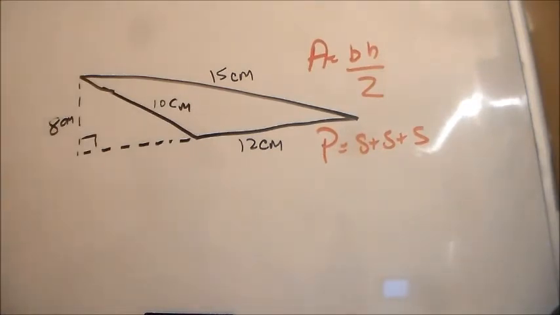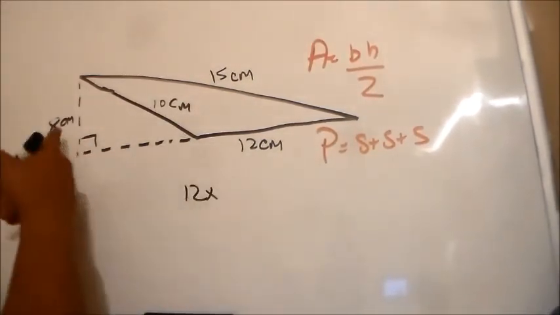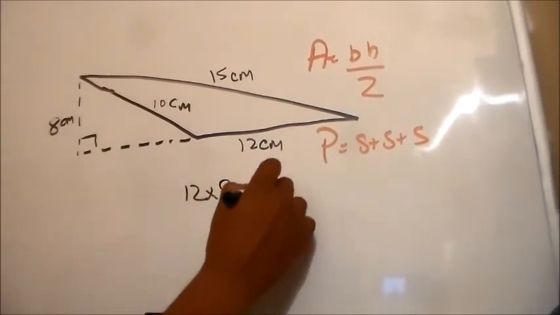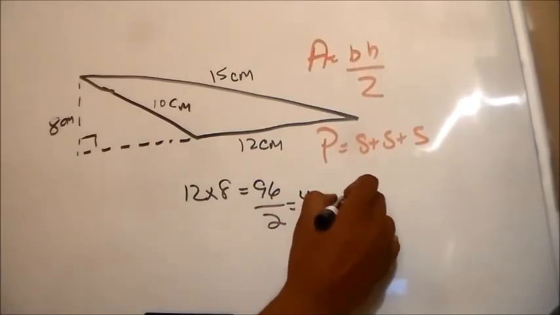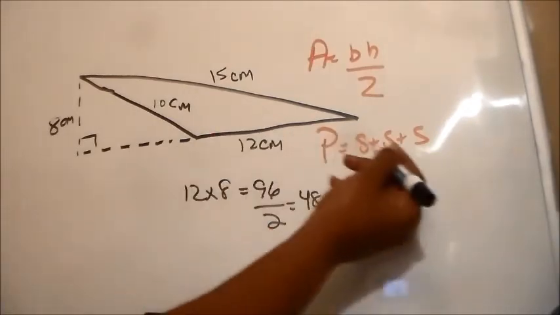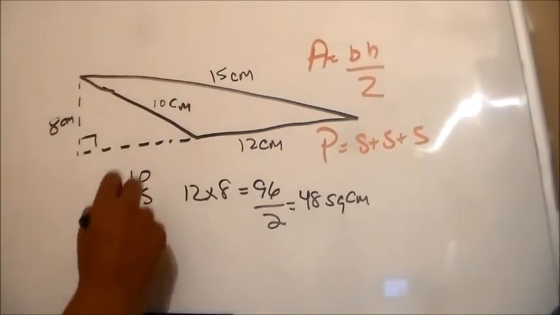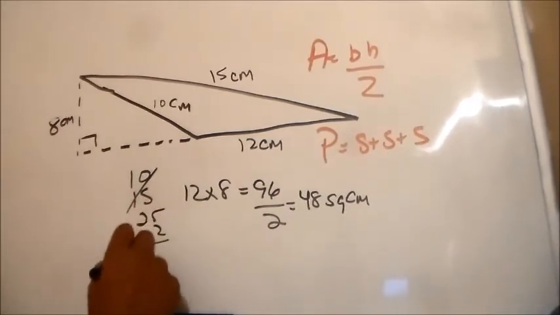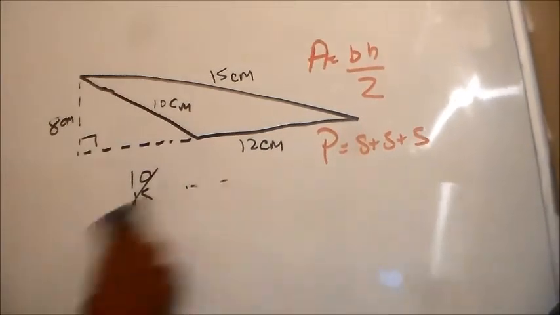So area equals base times height. The base is 12 centimeters times height, 8 centimeters, which is 96 over 2, 48 square centimeters. And let's see, the perimeter is side plus side plus side, 10, 15, which is 25, plus 12, 37 centimeters. Okay, so that's pretty cool. We have got our triangles down, and I gave you a couple of different ones.